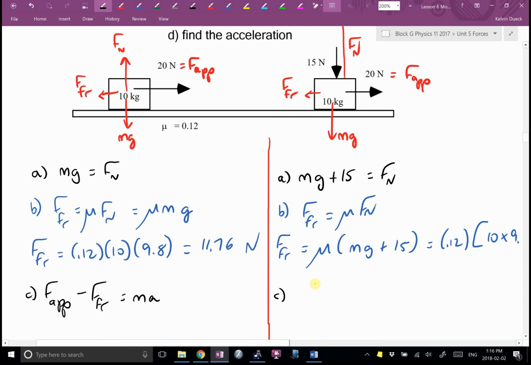Who's losing? What does it equal? You mean I get identical equations horizontally? Yeah. What's changing is the friction force, and that's going to give me different answers, but it's the same physics. It's the tug of war between the applied and friction every time.